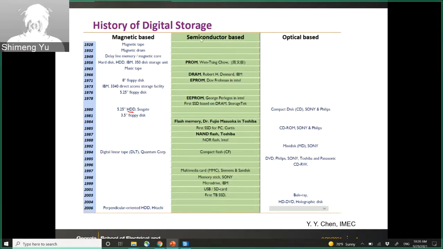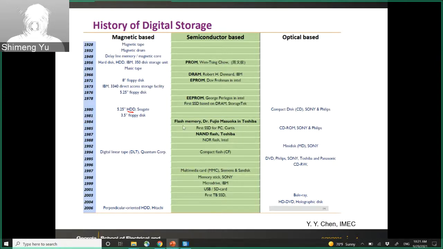So today, we rely on semiconductor-based solutions, and this can be traced back to the 1950s, from the ROM. Read-only memory is ROM, and then we have the EPROM, the erasable programmable ROM, and then we have the E-squared PROM, or EEPROM, the electrically erasable programmable ROM.